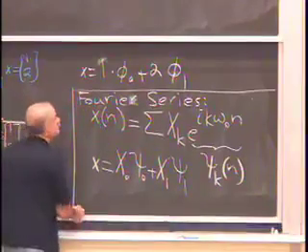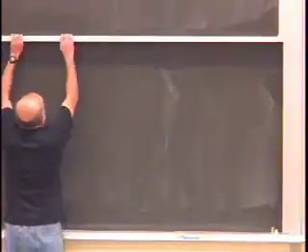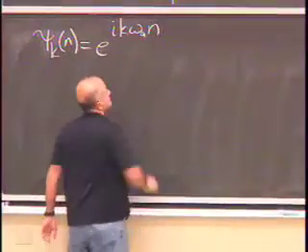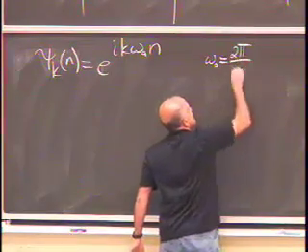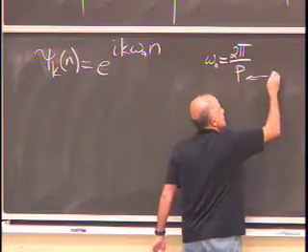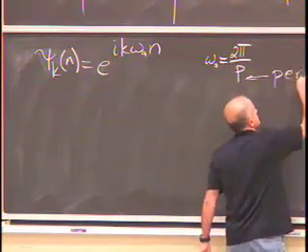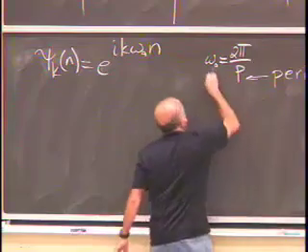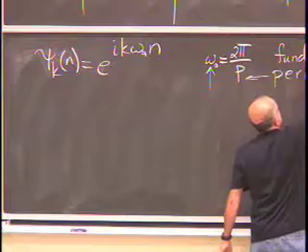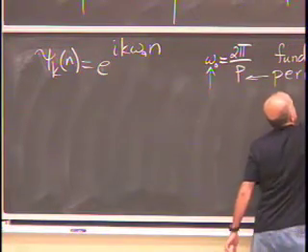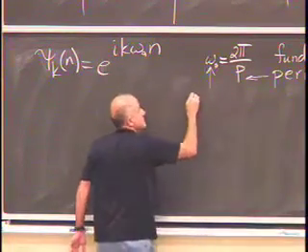So phi k n, we're saying is e to the i k omega naught n, where omega naught is 2 pi over P. P is the period of the signal, the fundamental period. And omega naught is the fundamental frequency.